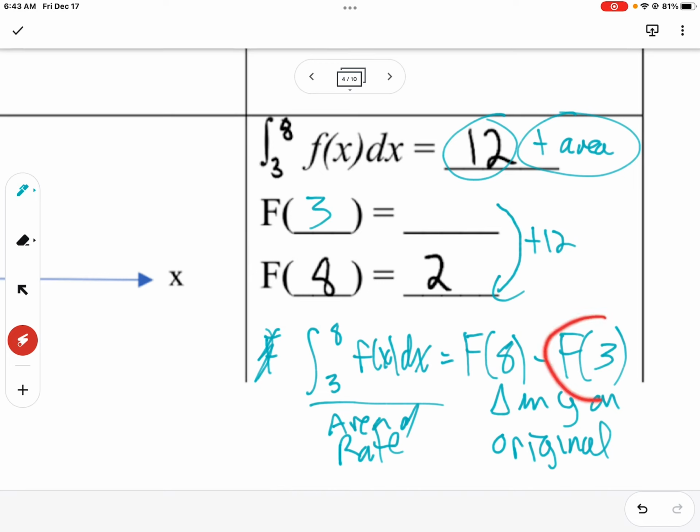So for f at 3, I'm going to add to both sides and subtract on both sides.